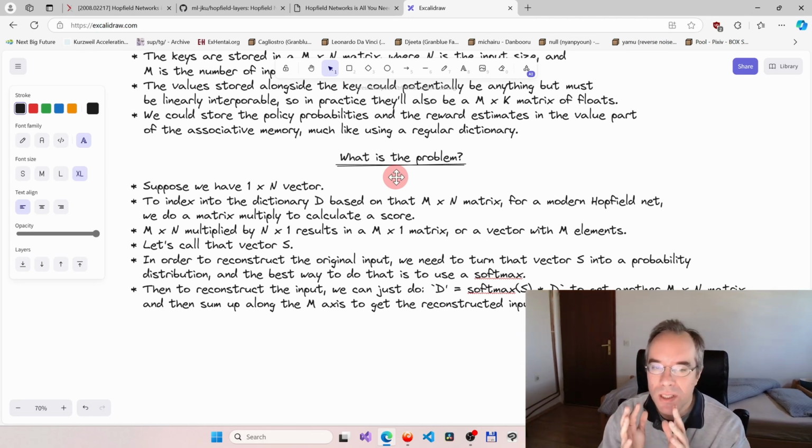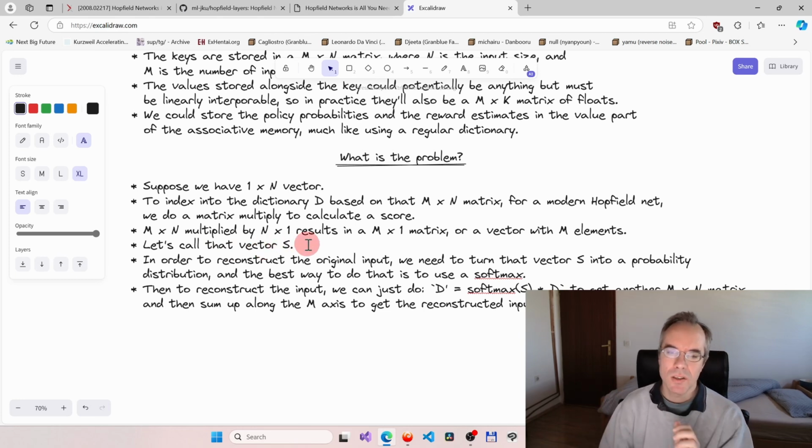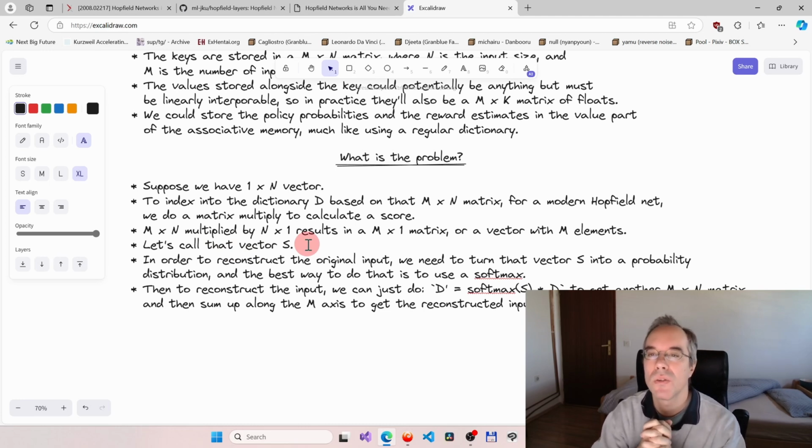And then once we have that score, let's imagine it's put in a vector s for many such inputs in the dictionary. We can reconstruct the original input, and in order to do that, we first need to turn that score vector into a probability distribution. The best way to do that is to use a softmax.